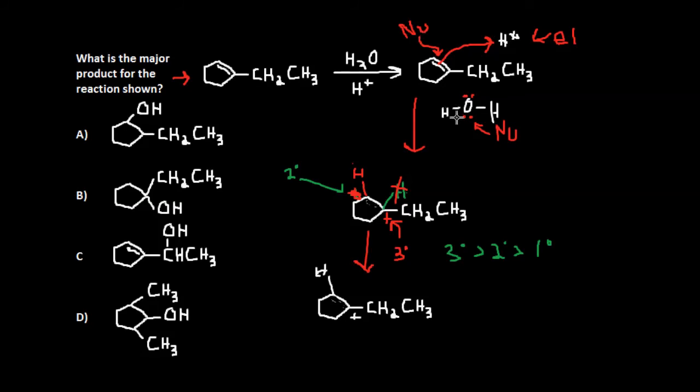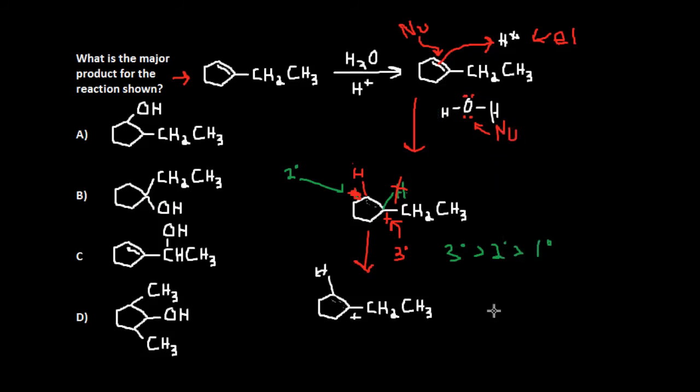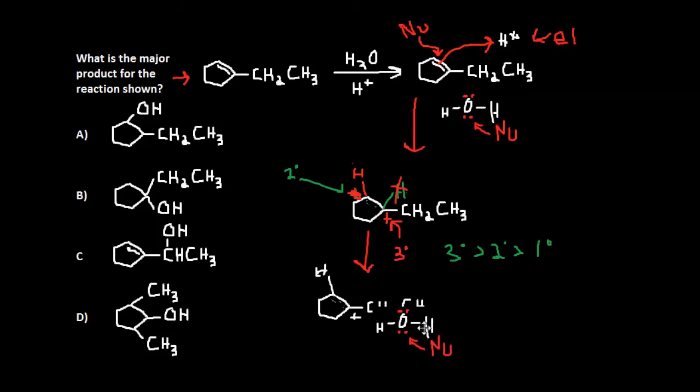Well, we have this nucleophile right up here. And so now we've got a positive charge around here, and this nucleophile, the electrons from there can attack this positively charged center, and we can go forward.